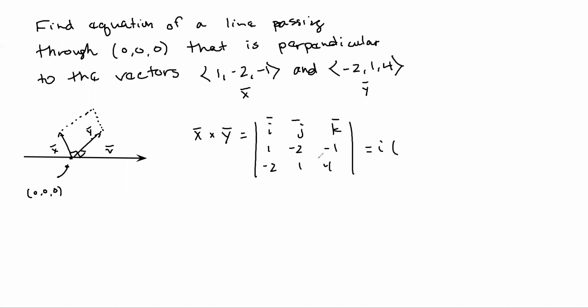I times -8 minus -1, so that's going to be plus 1, minus j times 4 minus 2, plus k times 1 minus 4.